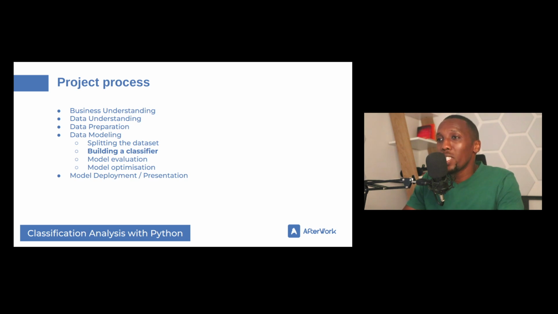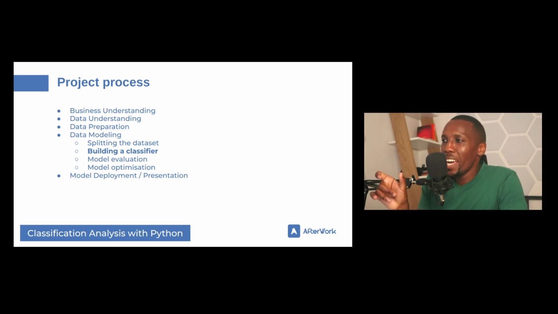When it comes to creating a classification model, or building what is called a classifier, on the other side, if we're working with regression analysis, which is the opposite of this, we would say we are building a regressor, which is generally a machine learning model that performs regression tasks. On this other side, it's a machine learning model that performs a classification task. Assuming this is a process we are using to work on a project: business understanding, data preparation, then we come into the data modeling phase.